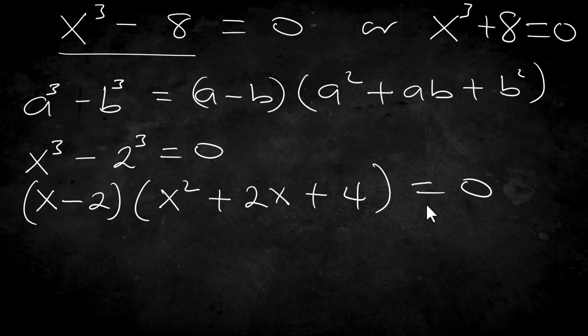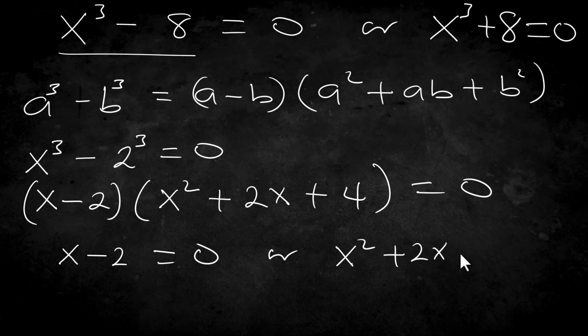Now don't forget the zero product. So we have x minus 2 equal to 0, or x squared plus 2x plus 4 equal to 0. So we have x equals 2.